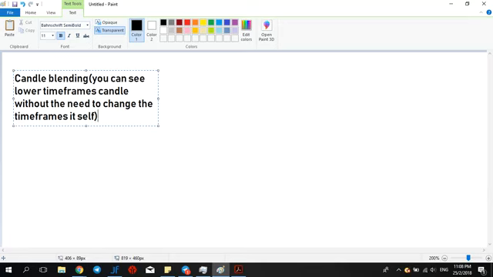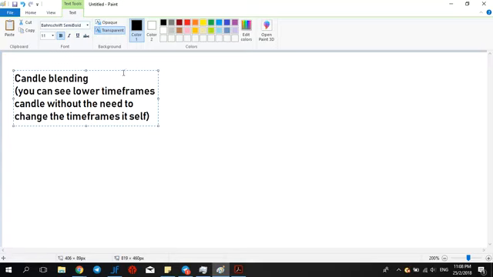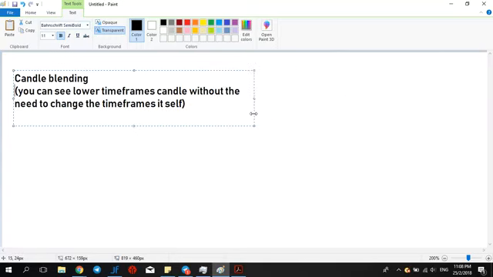This is the definition, or the use, of candle blending. Okay, then this is good.